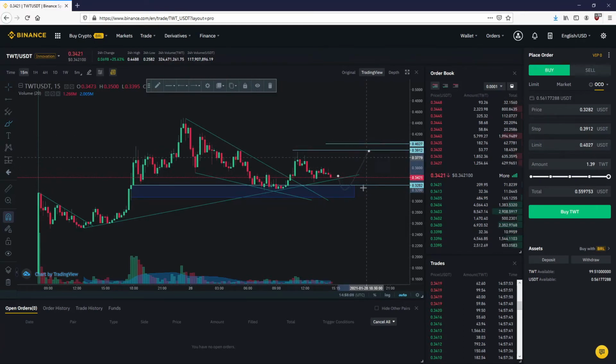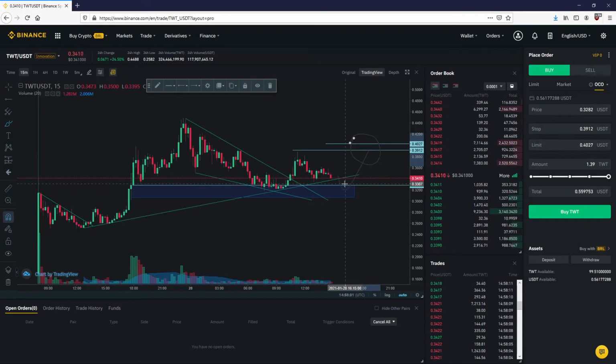This is the first buy order. This is the second buy order. What will then happen? The moment this one fills, as in the moment you buy at this particular point, this order here will be cancelled. So it doesn't lead to you buying the coin twice.